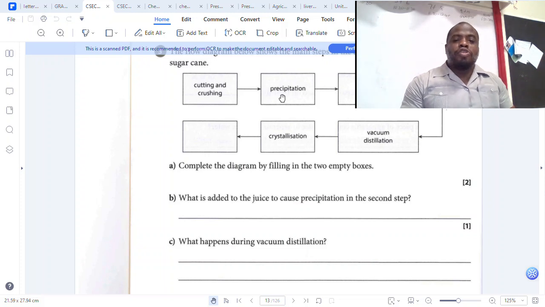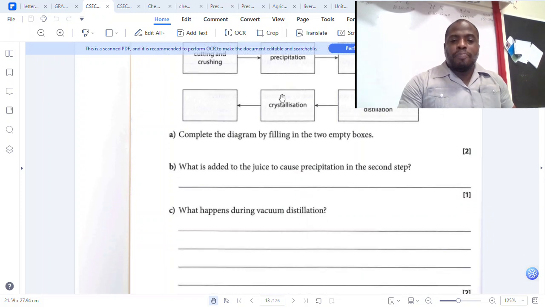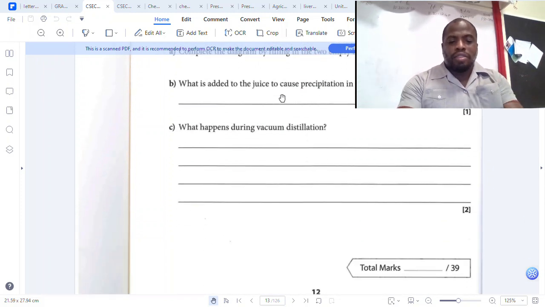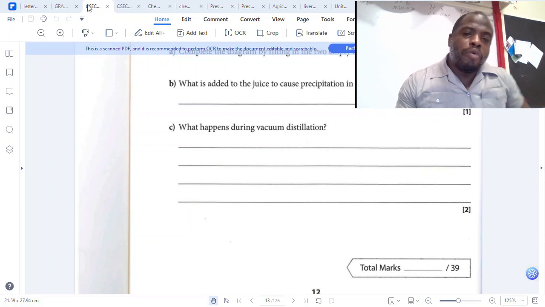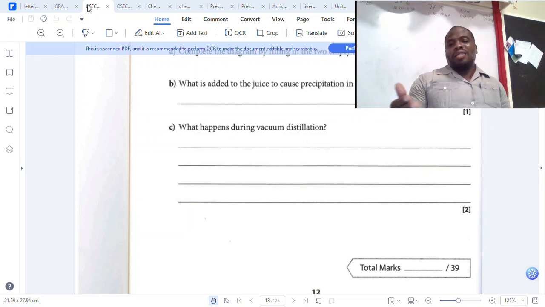What happens during vacuum distillation? So remember we spoke about the fact that when you think about that vacuum, you're going to be using the method of evaporation right here, because we want the contents to become more concentrated.